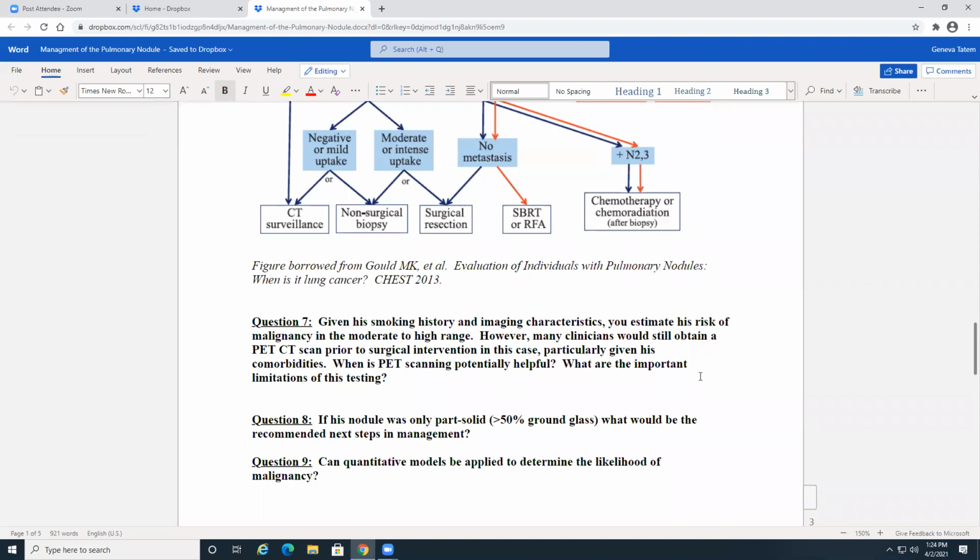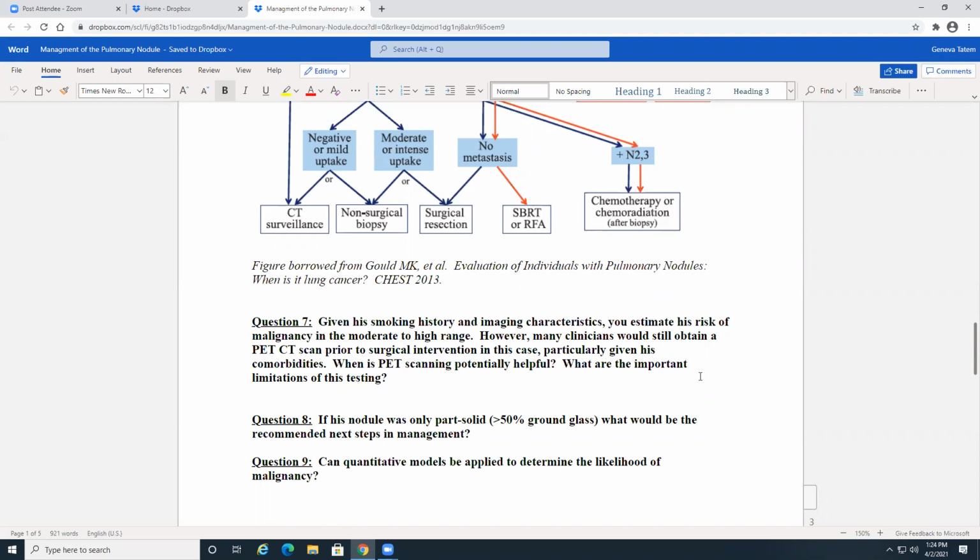I'm making it real easy for you guys. Who presents to your clinic for evaluation of a 2.5 centimeter solid lung nodule in the right upper lobe. I can see those gears turning already. Her functional status is poor, and she's only able to walk across the room before becoming short of breath. She comes to see you regarding next steps in evaluation of her nodule.